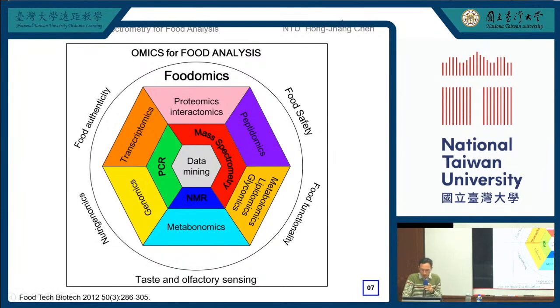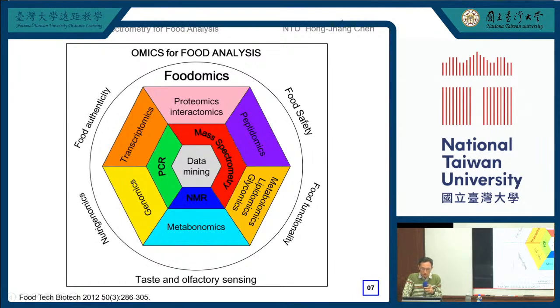As shown in this graph, there's a global perspective of the knowledge of food. The aims of foodomics are the assessment of the olfactory sensing and the biofunctionality, the food functionality. According to the different approach, different techniques may be used.